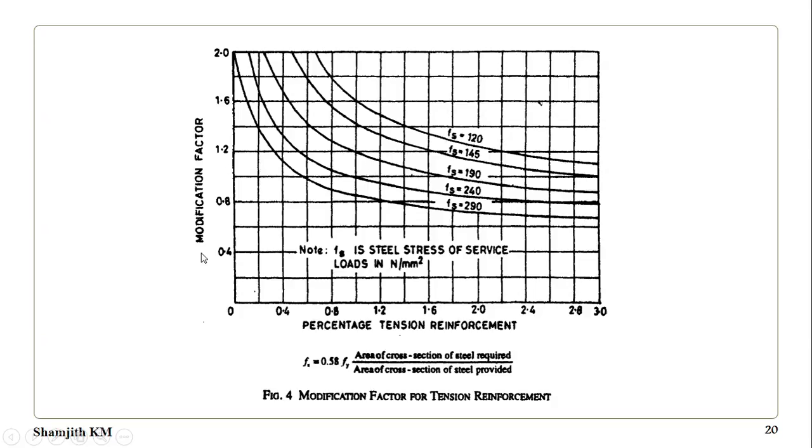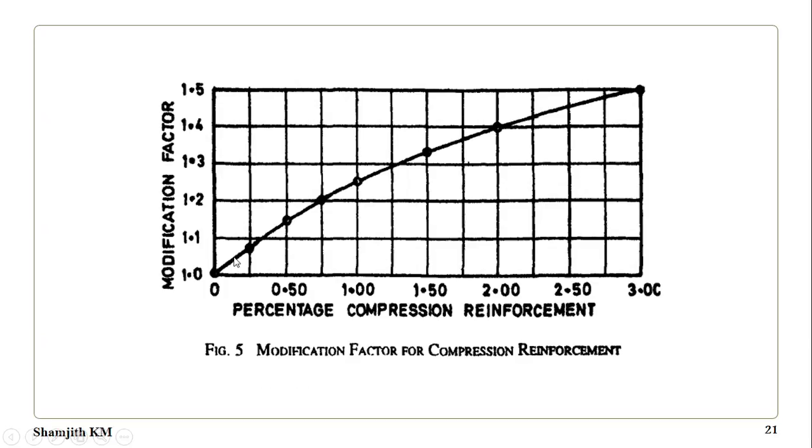Similarly, we will be looking for the modification for the compression reinforcement. Here we are not using any compression reinforcement, so the percentage steel will be 0. It is 0%. So the modification factor, or Kc, corresponding to 0% steel is 1. So Kc is taken as 1.